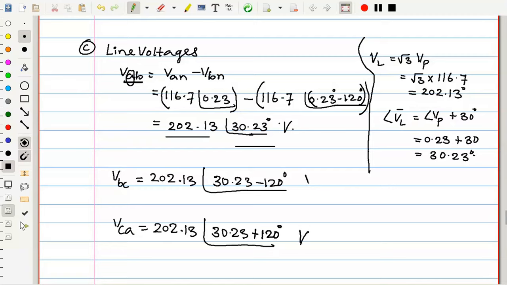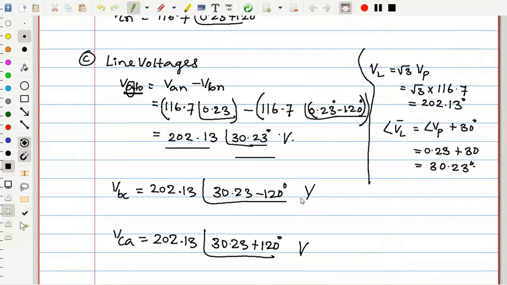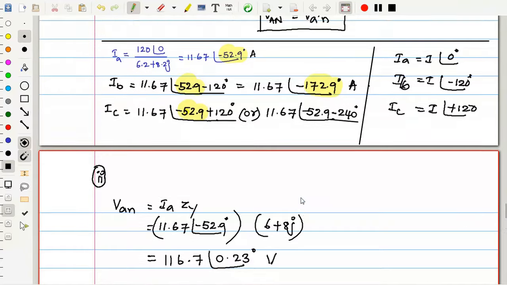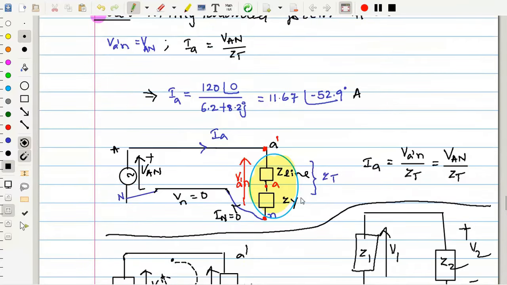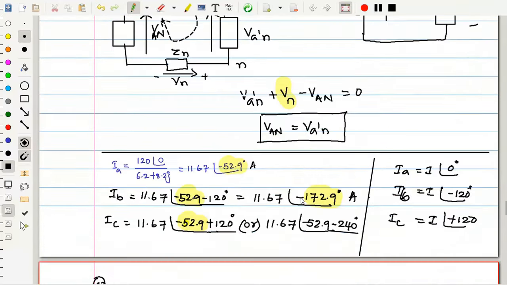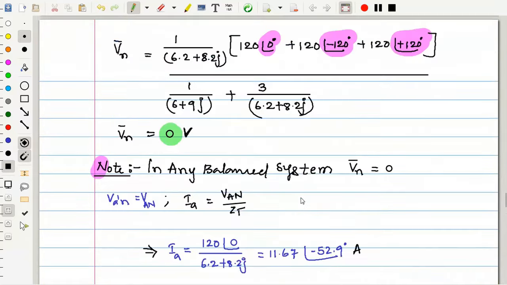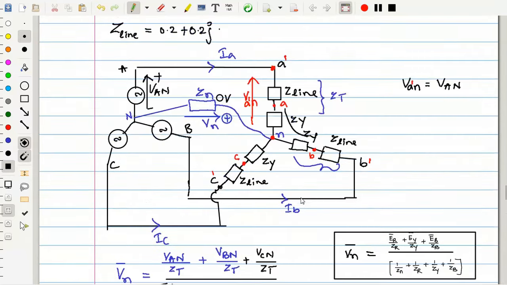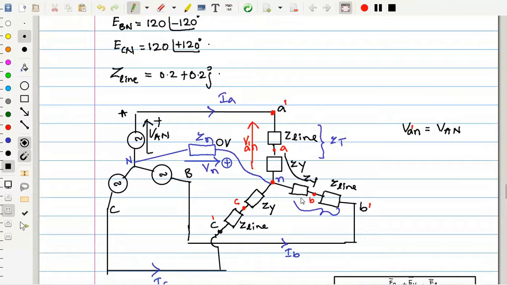So these are the line voltages VAB, VBC, VCA. In a balanced system you do not need to calculate for every phase. Once you know one of the phase quantities, you can get all the remaining ones by the basic balanced principle. So this is a very important problem, and important concepts are covered in it.